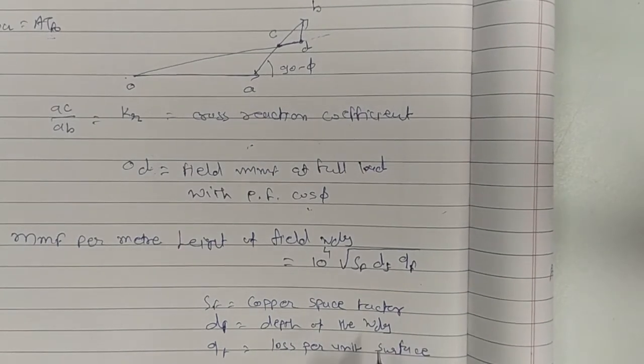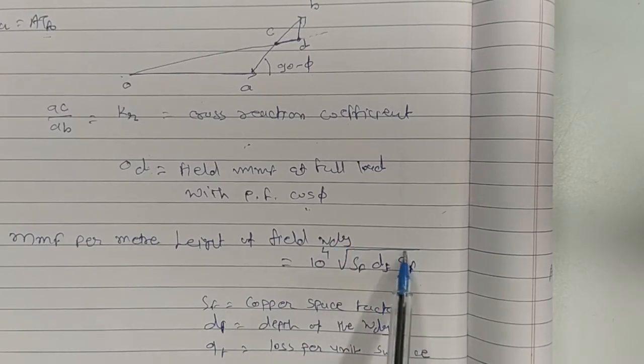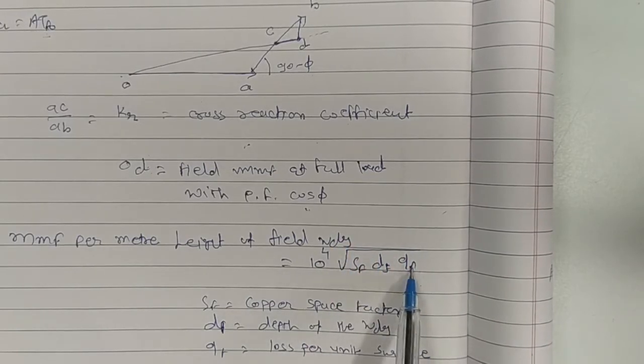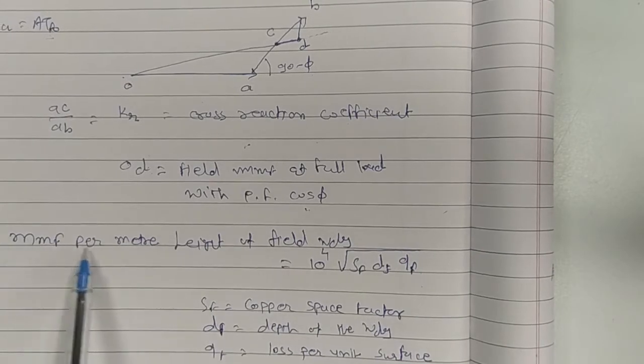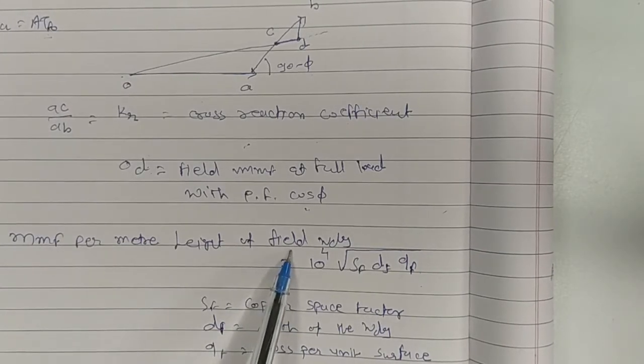Okay, so while solving the example, these three values will be given to you, so that by this simple equation you can find out the MMF per meter height of the field winding.